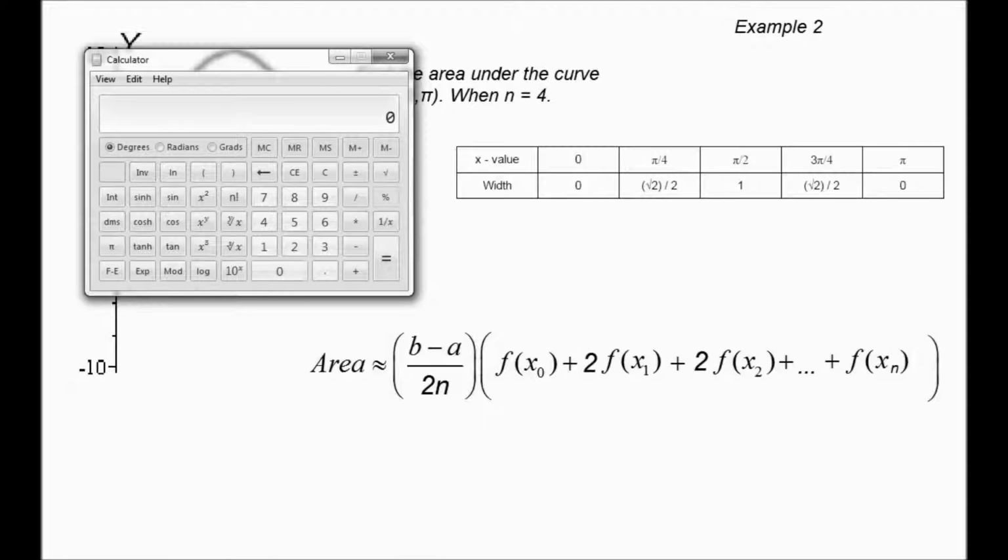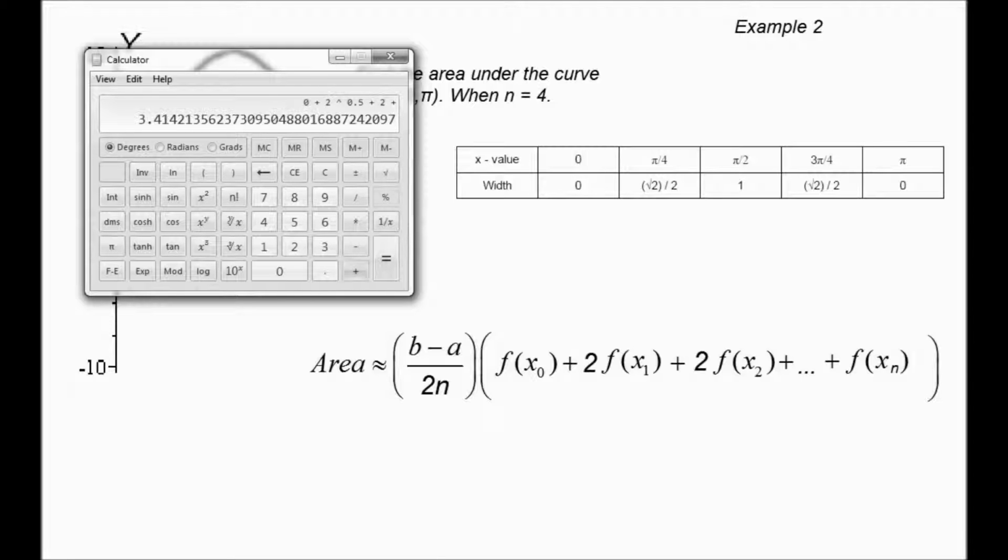Now we need to add the first value, which is 0, plus 2 times the second value. With the second value being root 2 over 2, I can just multiply that by 2, and I will just cross out the divide 2 part. So all I have to do is then add 2 root 2. And then we go plus 2 times 1, so that's 2.